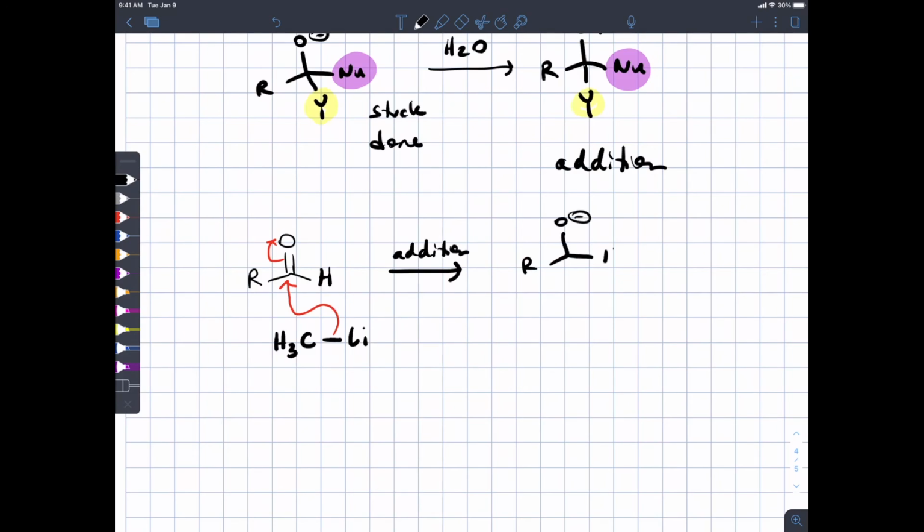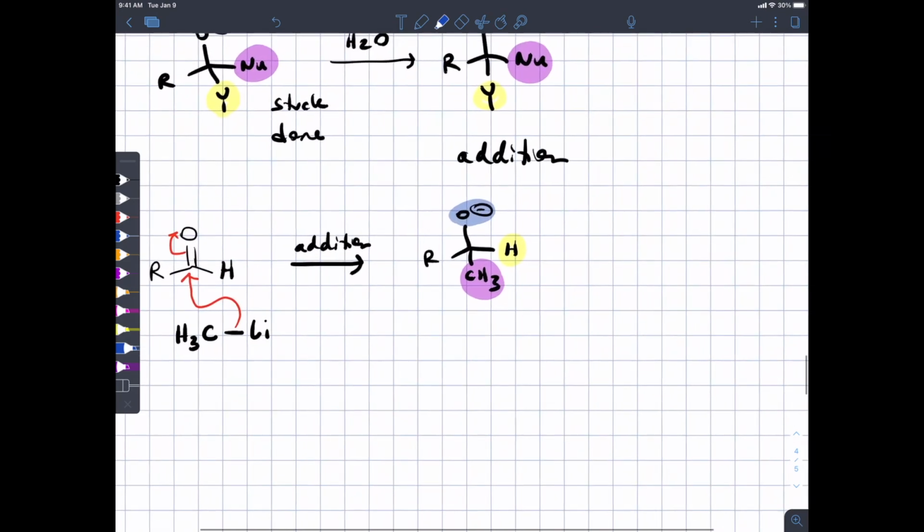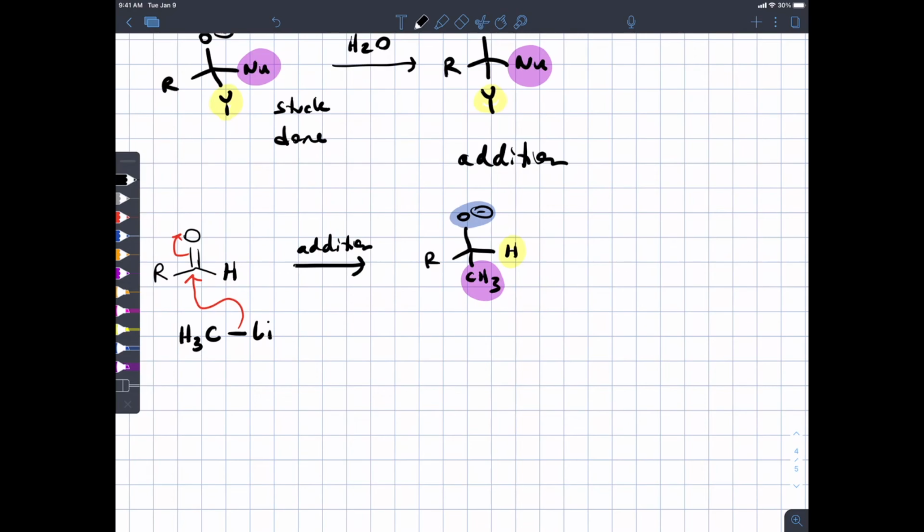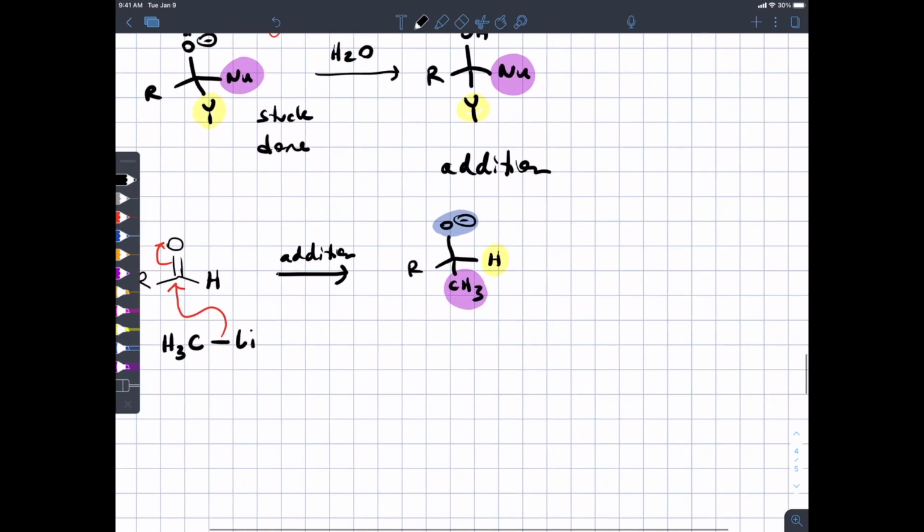Here's the tetrahedral intermediate. We're going to compare the nucleophile and the Y group relative to a negatively charged oxygen. And again, if you are struggling to make that comparison, just draw the two groups as they would be if they left, then write down their conjugate acids, and then look up the relevant pKa's, which are, I believe, 35 and 50.